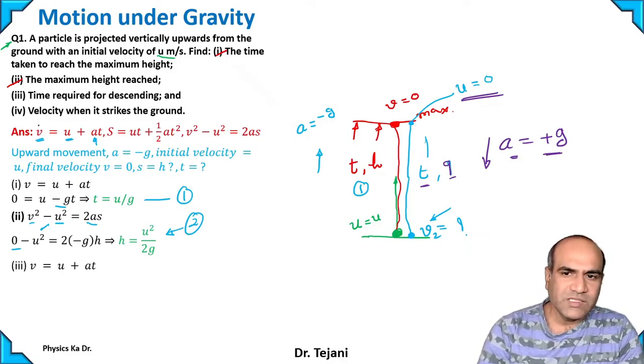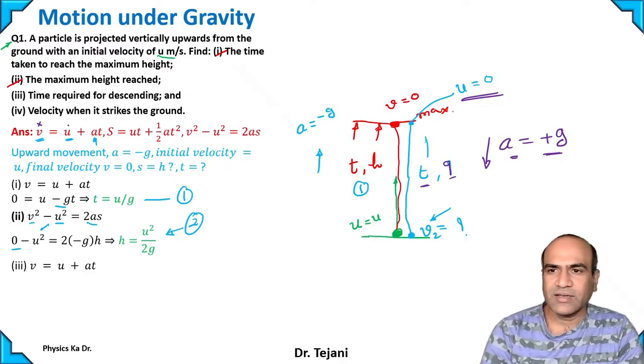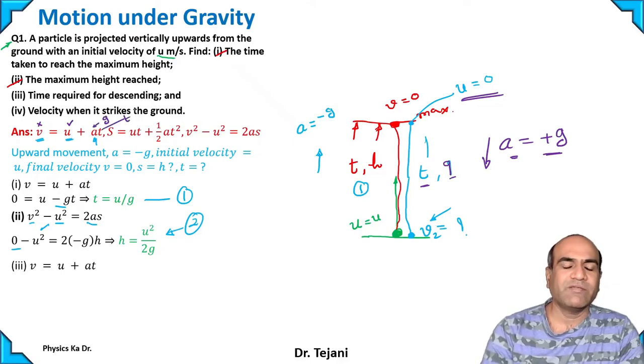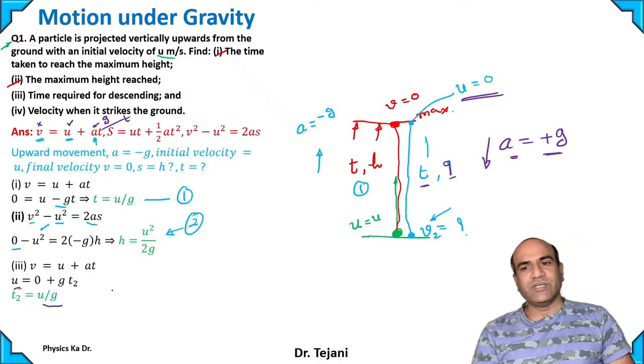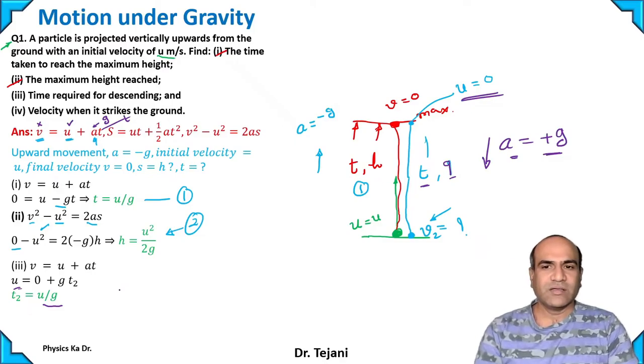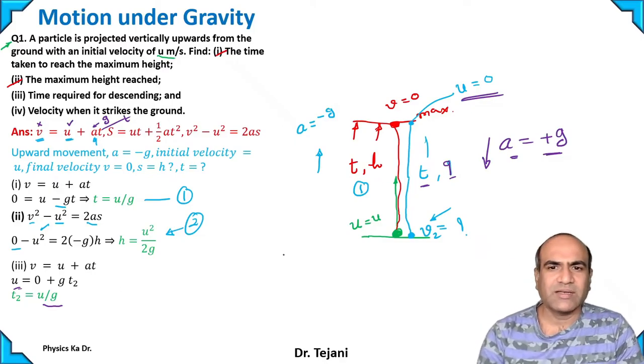Is the final velocity given? No. Initial velocity given? Yes. Acceleration given? Yes, it is g. The time required is what we need to find. We find this value is equal to u by g. The initial velocity is always similar. Let's prove it also.